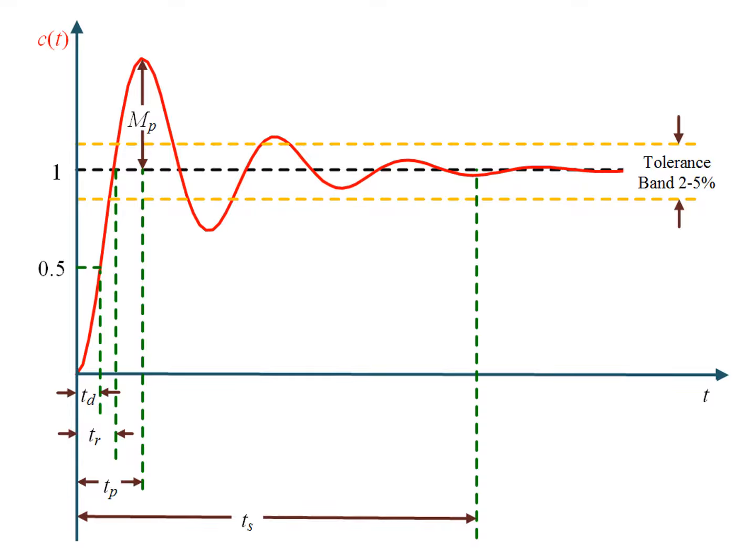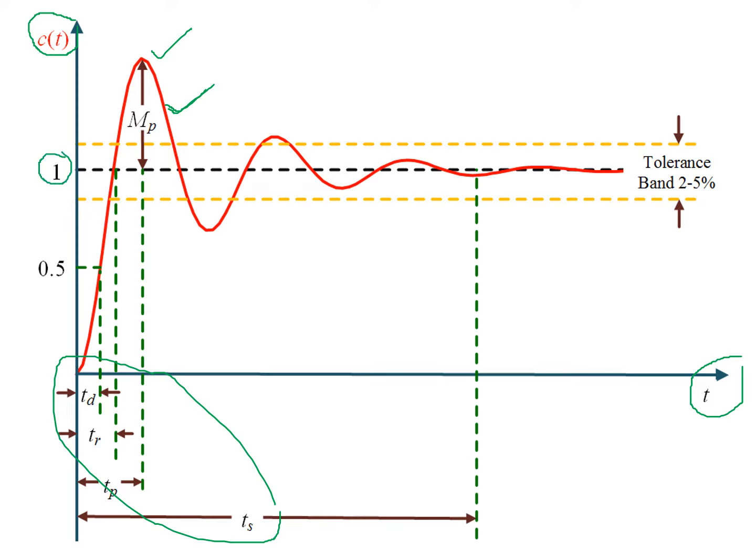This is the time domain response of a second order system. On the x-axis we consider time, on the y-axis we consider voltage or output, and this is the response of a second order system, and these are the time domain specifications. This is the 100% of response and this is the 50%.